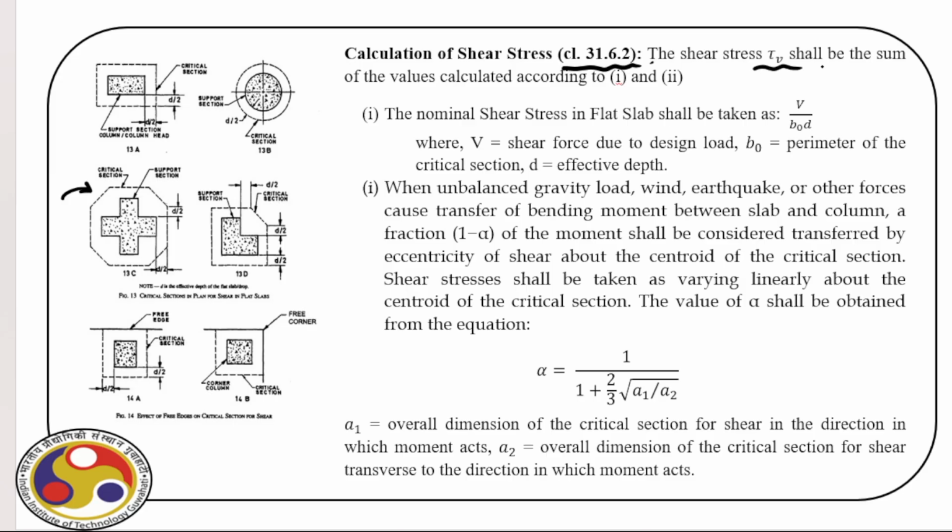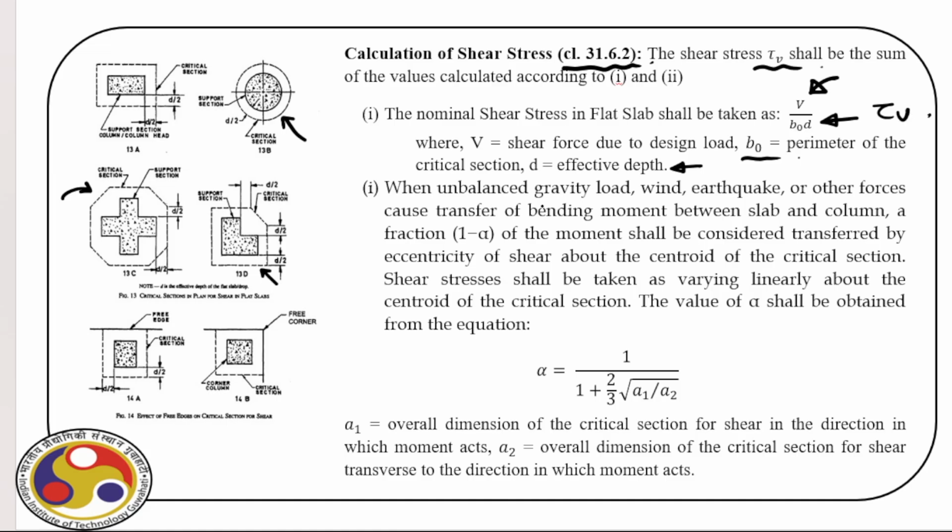So shear stress tau V, that is the nominal shear stress in the flat slab, is V, that is the shear force acting at that critical section, divided by b naught times d. b naught is the perimeter of the critical section. As you can see here, for every geometry it is marked. So if you have these types of geometries, first you find out b naught, then we already know the effective depth. So b naught times effective depth is the effective area against shear force. So we can find out tau V.